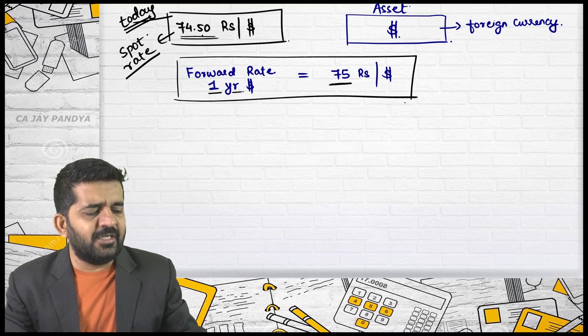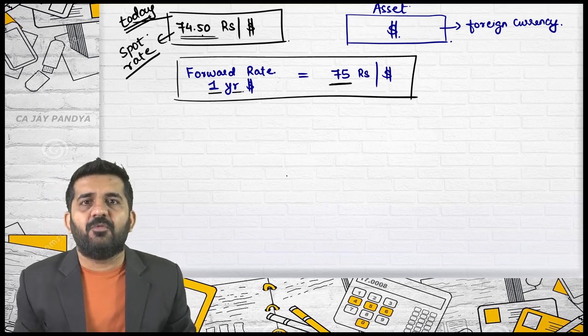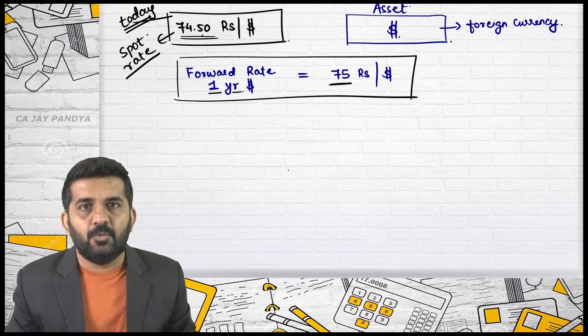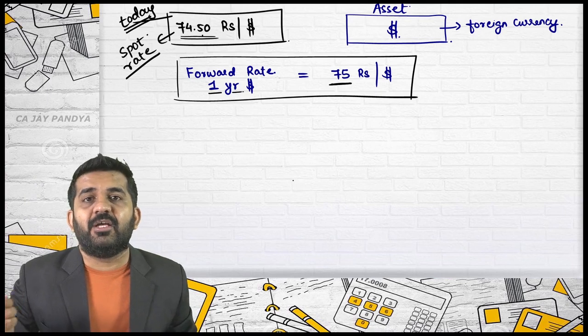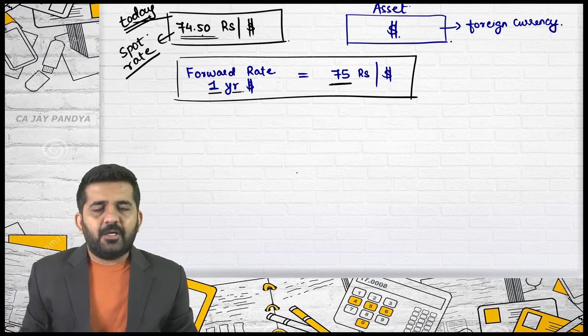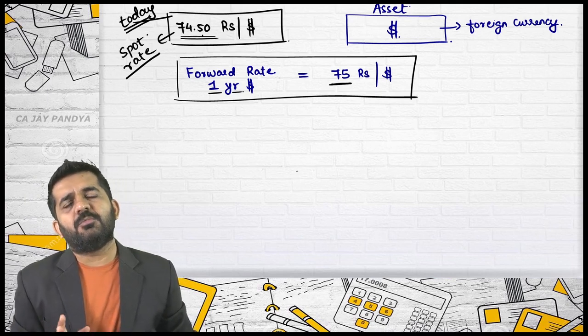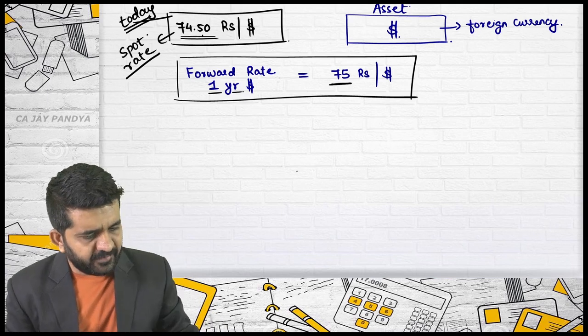And if you enter into this type of contract, this will be agreement of forward, which we have already learned in derivative. But please try to understand, this is a forward rate and not a spot rate. Is it alright? Try to understand, I am also teaching you some of the vocabulary of forex. Try to concentrate.